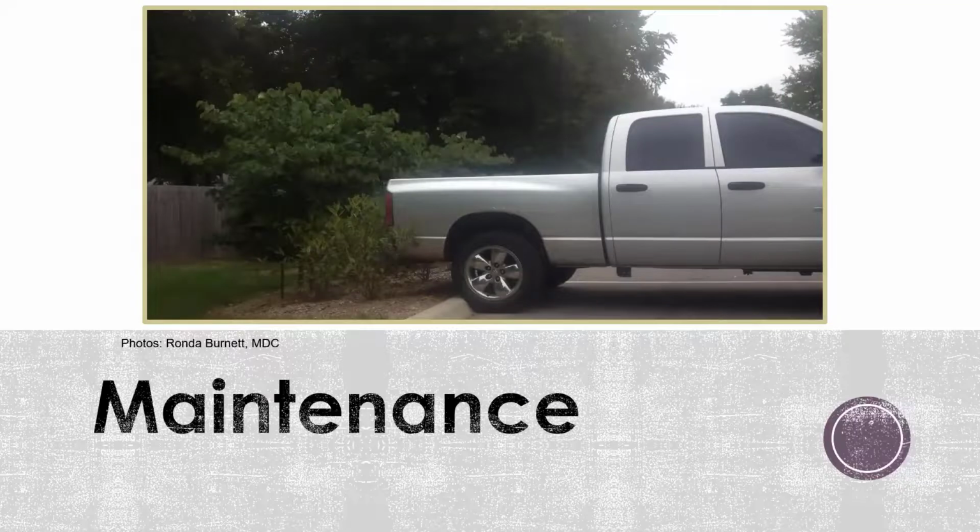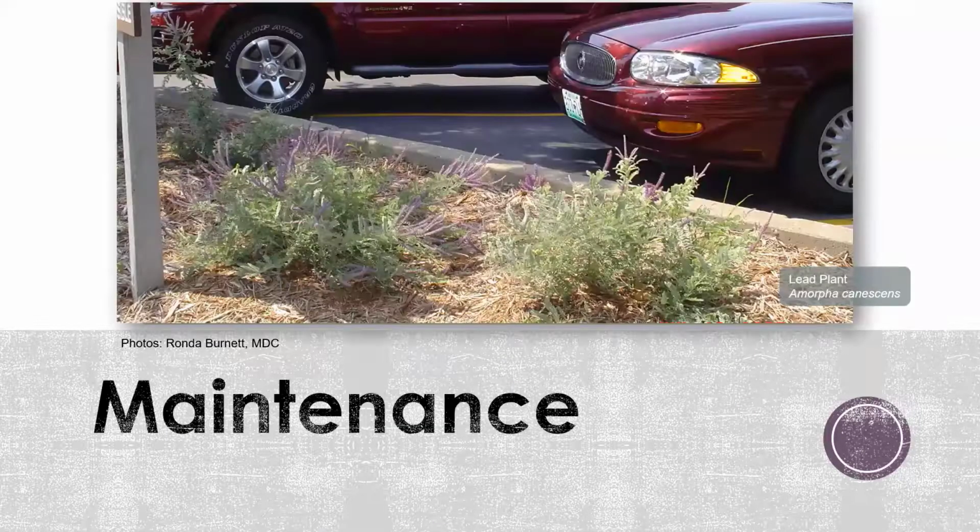So here you can see we have some conflict between the user of this project and the plants. That shrub and the truck are crowding into each other. So the solution during the design phase of this project would have been to either locate that shrub on your layout plan a little bit farther away from the curb of the parking lot, or perhaps to have specified a shorter growing species.